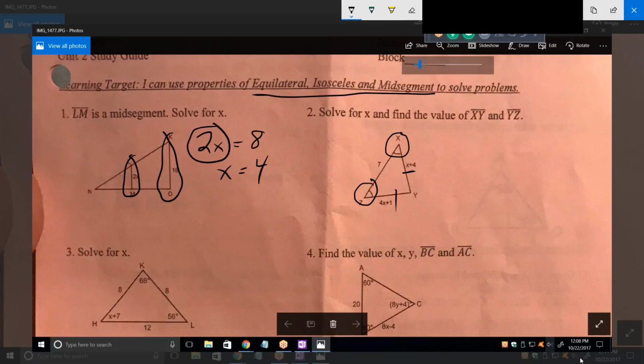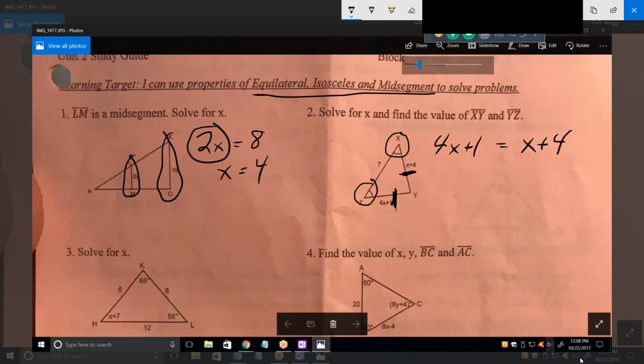So what equation can I write to solve for x if I know that this side is equal to this side? 4x plus 1 equals x plus 4, is that what you said? Yeah. Okay, what's the solution here? So you would subtract 1x.